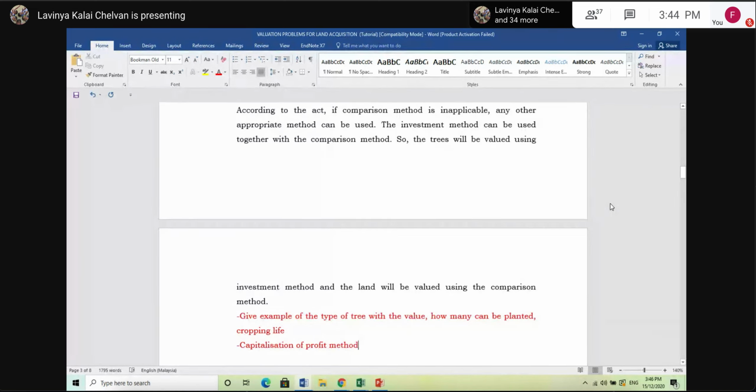Where is the rental element in the orchard and plantation? You only have the price of the fruit, everything. That one is an income based on the business. Am I right? If you're going to value a restaurant as well, you are looking into the sales of the food. That's why I said investment method is out of context here.